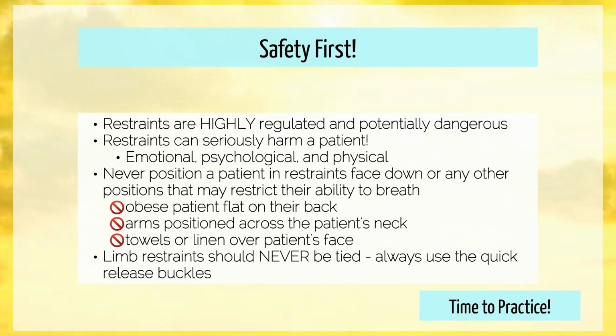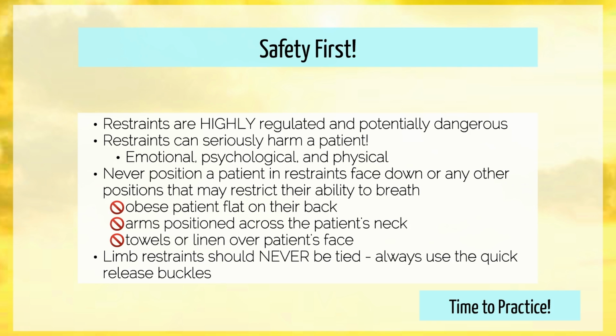Safety first. Always keep in mind that the restraints that you're using are very dangerous and can potentially harm our patients, emotionally, psychologically, and physically. We never easily go into restraints. There is a lot of thought and consideration before we place restraints on a patient. That being said, you never want to position a patient in restraints face down or in any other positions that may restrict their ability to breathe.